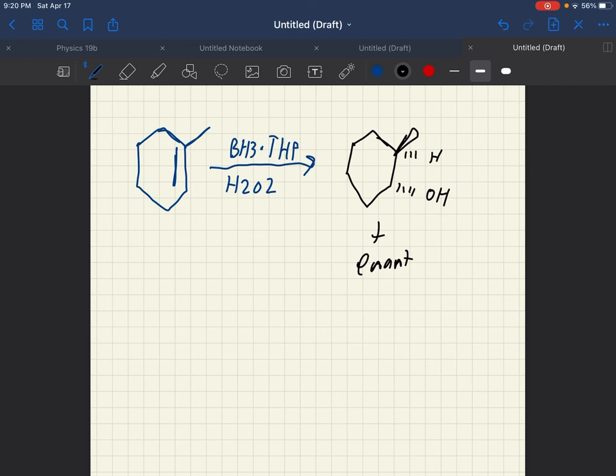So just remember that the special thing about this is it's a syn addition. The H and the OH is what's added, unless it's BD3, then it's D instead of H. And what's special about this is that stereochemistry matters, and the H will actually go where the more stable carbocation is, and the OH is going to be where the less stable carbocation is. So that's the only special thing. So just remember that and you'll be good for these.